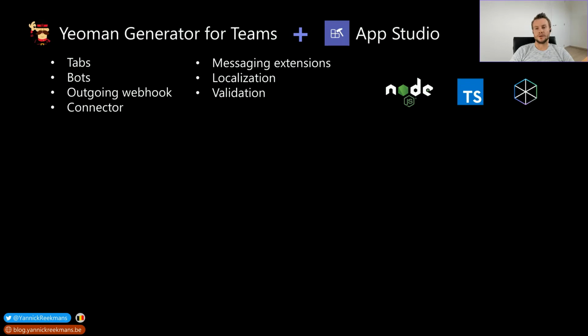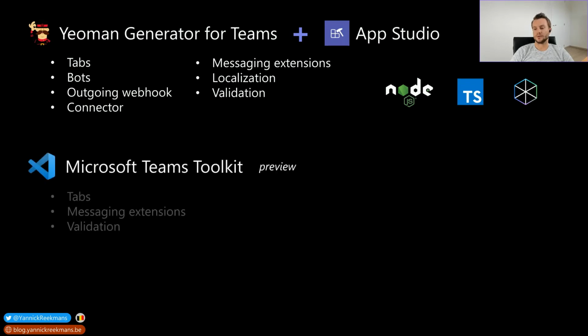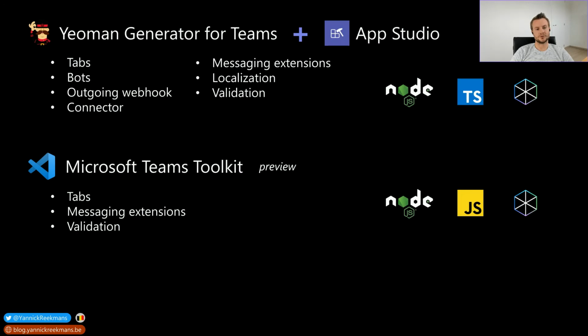Now, at Build, a couple of weeks ago, Microsoft also released a Microsoft Teams toolkit for Visual Studio Code. It's currently an extension that's in preview, and it aims to solve the same problems that the Yeoman generator is already solving.